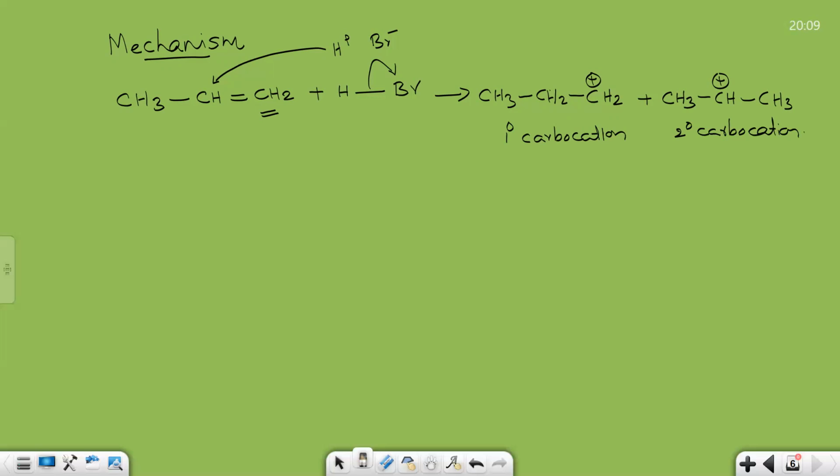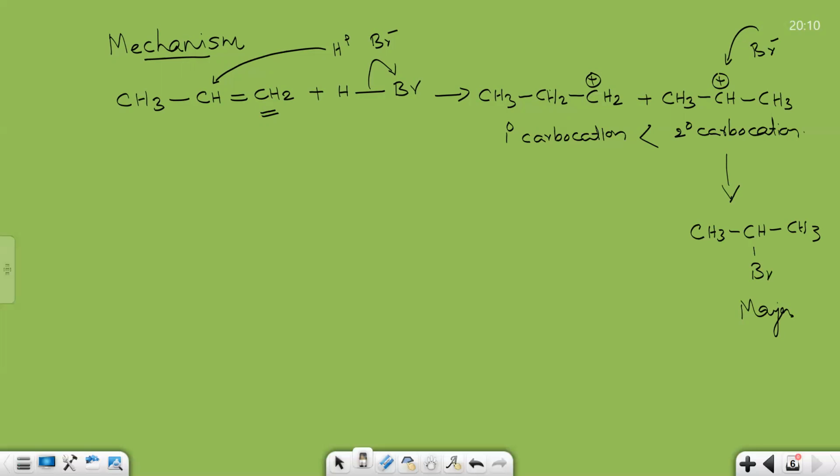Stability-wise, a secondary carbocation is more stable than a primary carbocation. So the major product will be from the stable intermediate, that means from the secondary carbocation. So Br minus attacks this carbon and you will get CH3, CHBr, CH3.